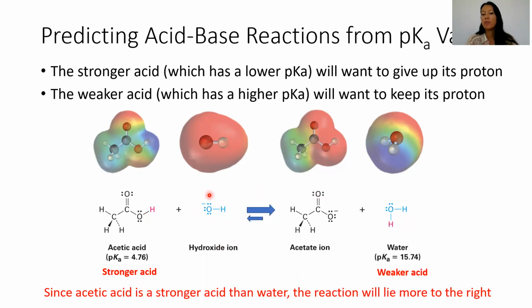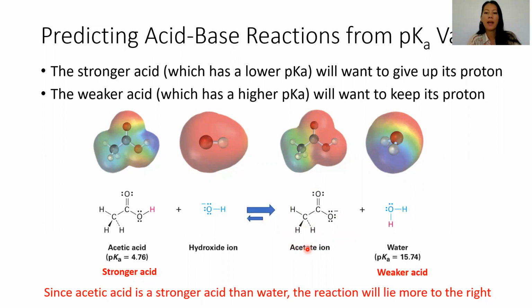So you can then write the reaction where it becomes water, and the pKa of water is almost 16. So again, the lower the pKa, the stronger the acid. It wants to give up its H+ more, so it'll lie to the side where the stronger acid has given up its H+ and it's in its conjugate base form.